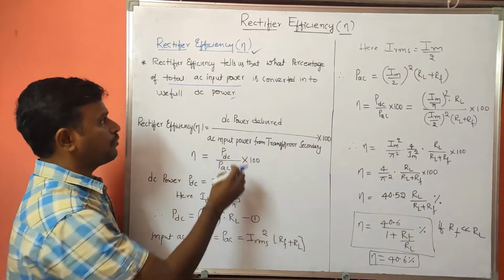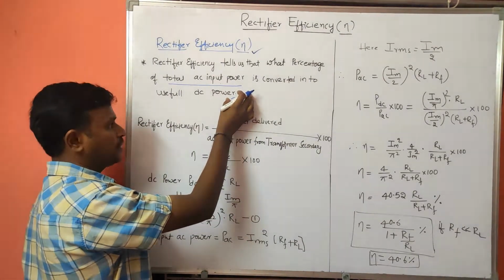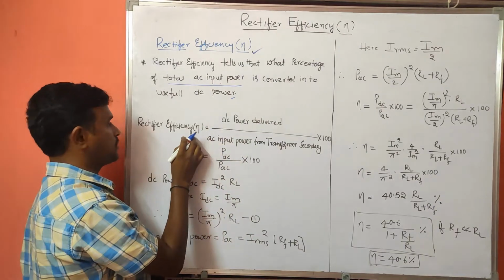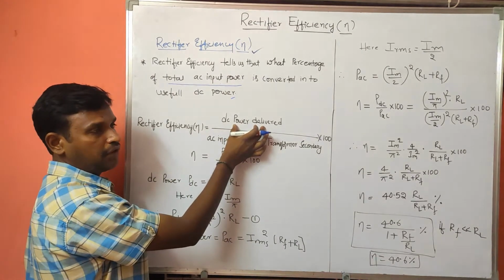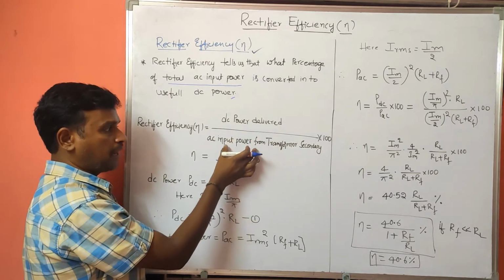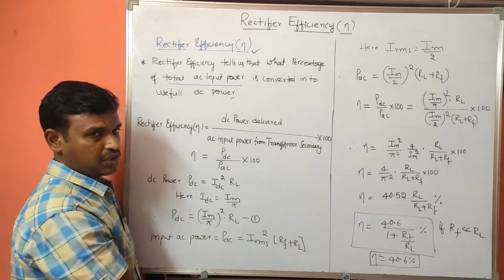Okay. So what is the definition of the rectifier efficiency? Formula-wise, the rectifier efficiency eta is equal to the DC power delivered at the output divided by the AC input power from the transformer secondary.